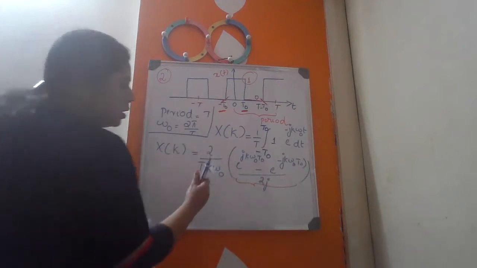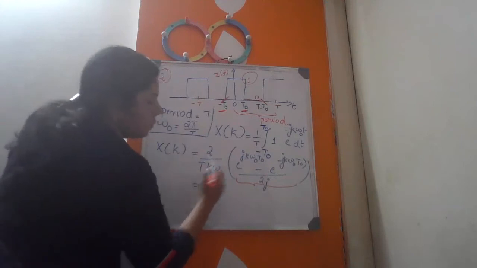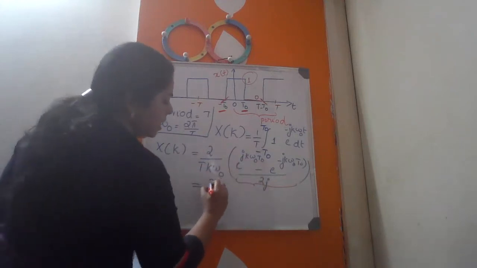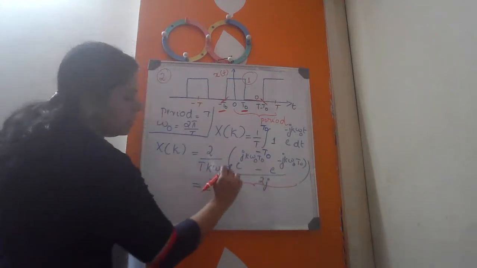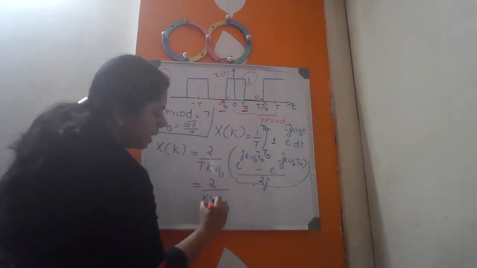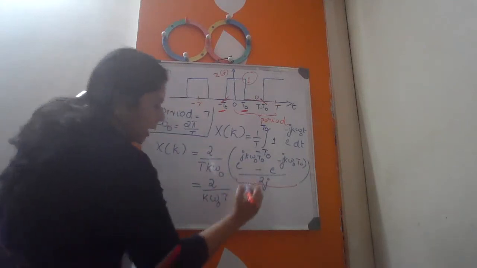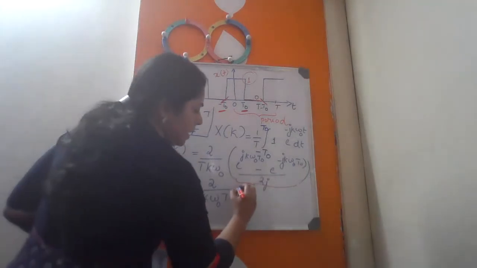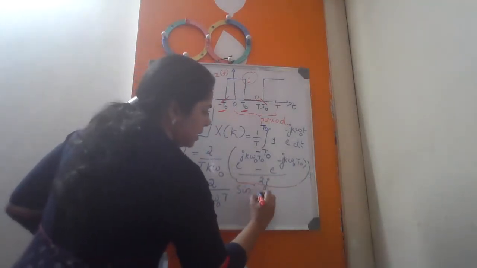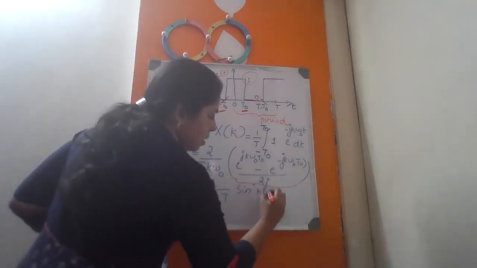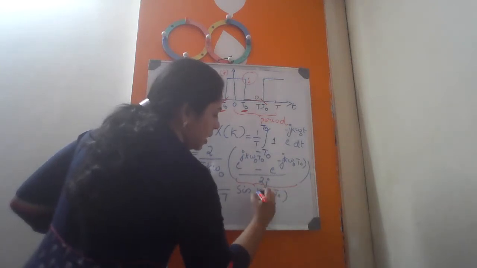Now, as we said, this equation I can represent as 2 by T k omega naught times sine k omega naught t naught.